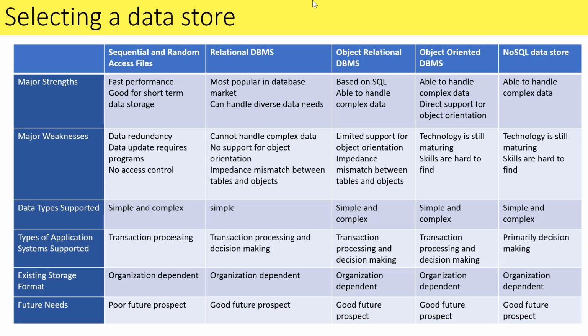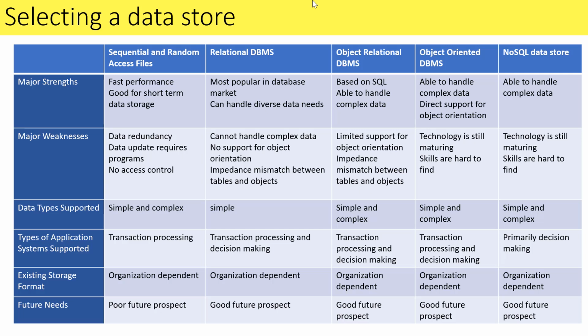It's usually not very efficient to store data in just a file. A relational database management system, of course, as I mentioned, is right now the most popular way of storing data. And it can be used, of course, in different scenarios. Object relational database management system is a good database management system if you have complex data structure.